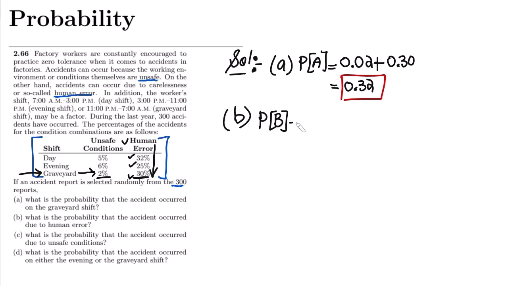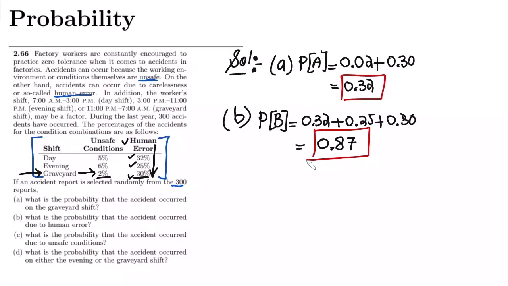So in the form of probabilities, 32% is 0.32, plus 25% is 0.25, and also 30% is 0.30. Adding these, this would be 0.87, which is the answer of part B.